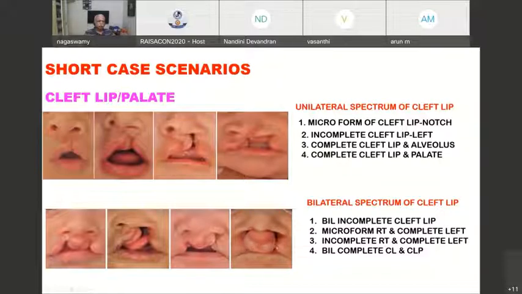So this portion which is projecting in between these two clefts is called the prominent premaxilla. This may sometimes be too protuberant, like the face of Anjaneya, so there it will be too bulging. In that case, the first surgery they do will not be lip repair.